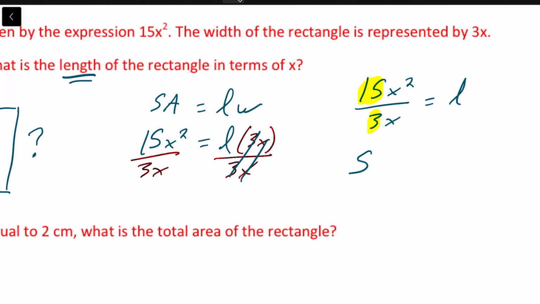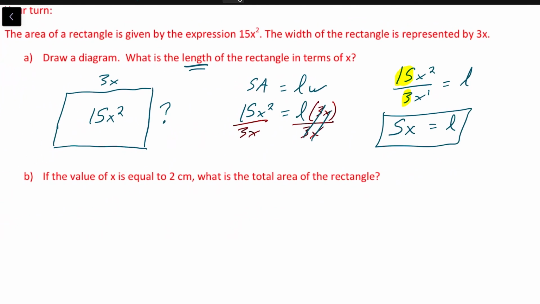Okay, here for the exponents, I can write an expanded form, x times x, or I can remember my exponent rules where it's x squared divided by x to the 1. I subtract the exponents, and so x to the 2 minus 1 would just give me x to the 1, and that would be equal to my length.